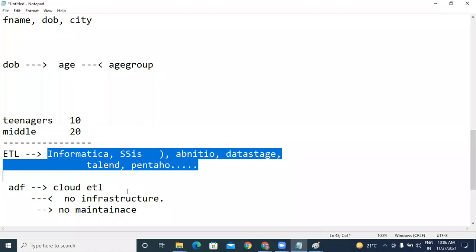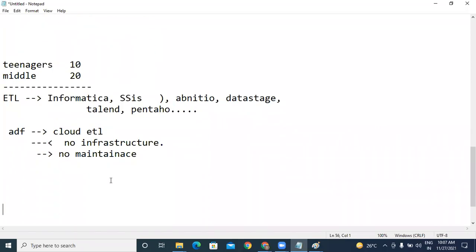Is the prerequisite to learn this ADF only SQL? Got it. But to become a complete full stack data engineer, you need other things. So, one by one, what are all the data engineer products we will be discussing. Now let's talk about ADF.